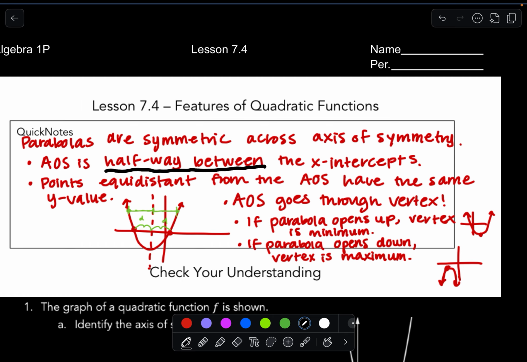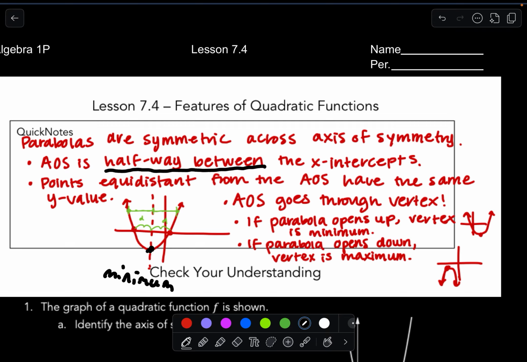If the parabola opens up, the vertex is a minimum. I didn't mention that, but yes. You can see it here. There's the vertex. If it opens up, if it's a happy face, that vertex is a minimum. Minimum means it's the smallest the function will have.